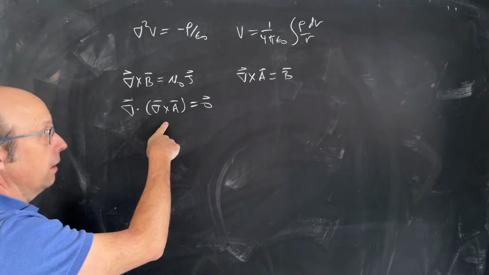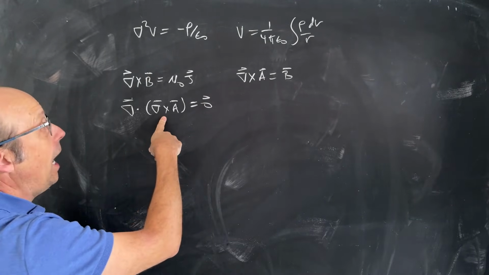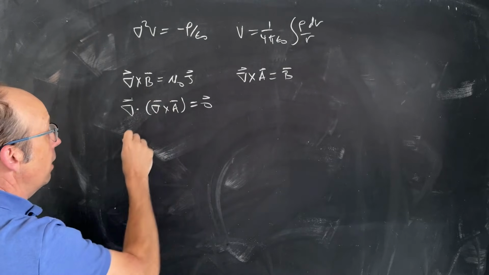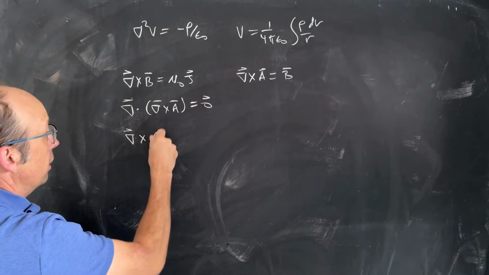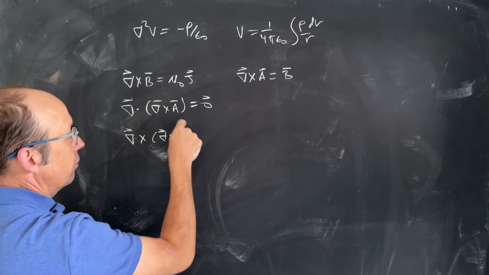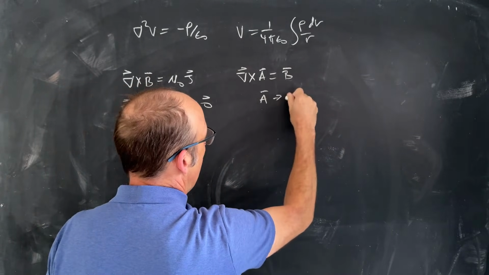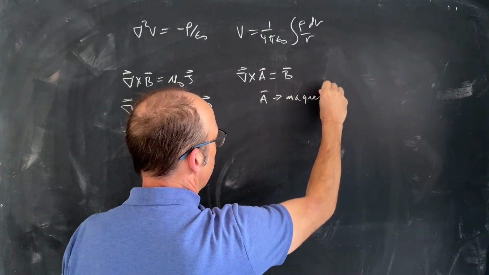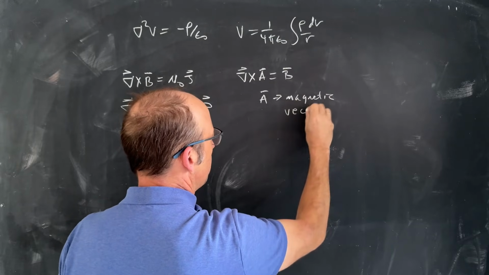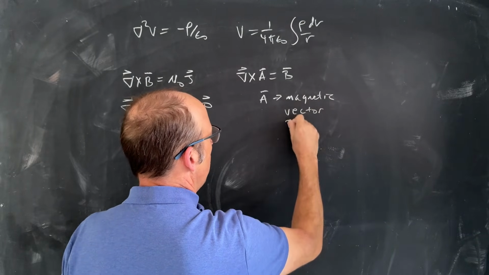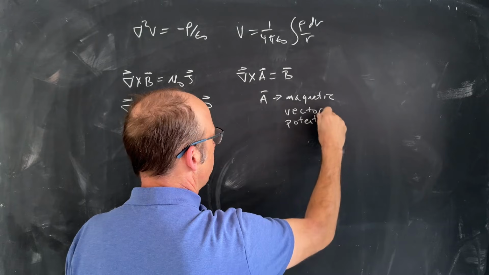I can do that. That's okay. Now, if I put this in up here, I get del cross A. We call A the vector potential, the magnetic vector potential, because it's a lot like the electric potential, but it's a vector.